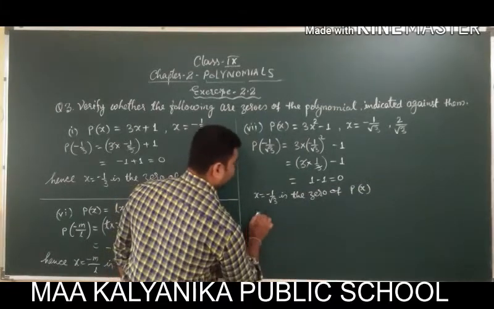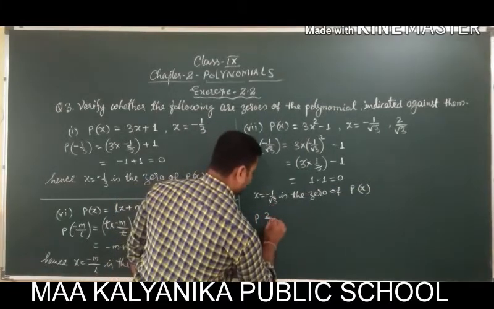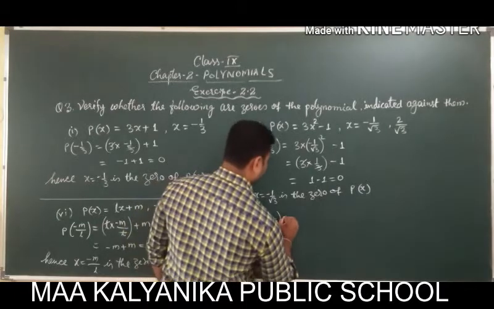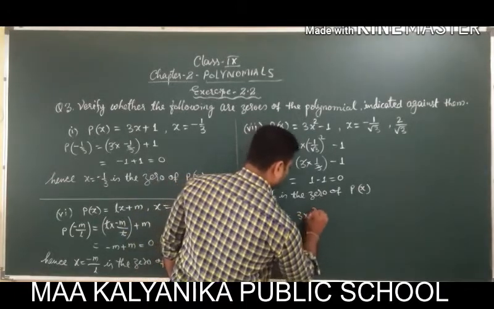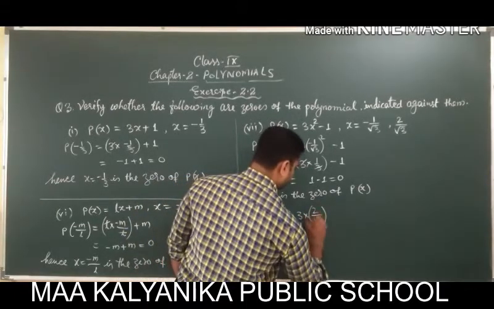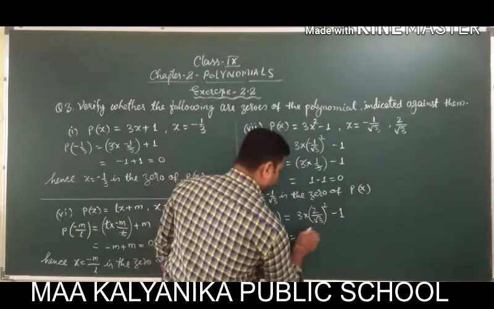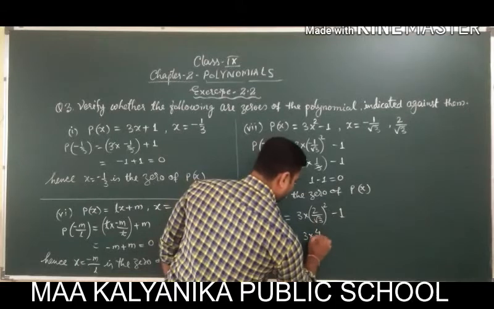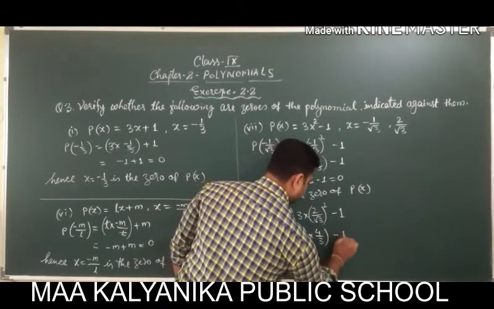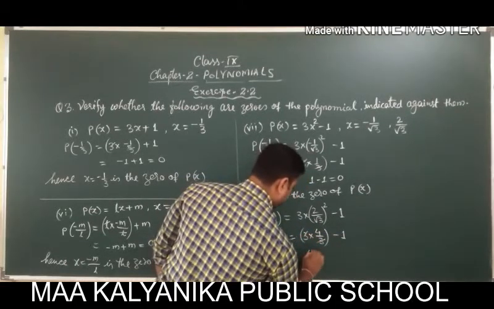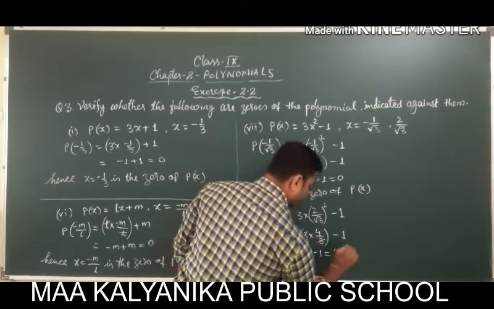Similarly, we will put 2 upon root 3 in place of x, that is 3 into 2 upon root 3 whole square minus 1. Clear? Here 3 into 4 upon 3 minus 1, 3 cancel, here 4 minus 1 is equal to 3.